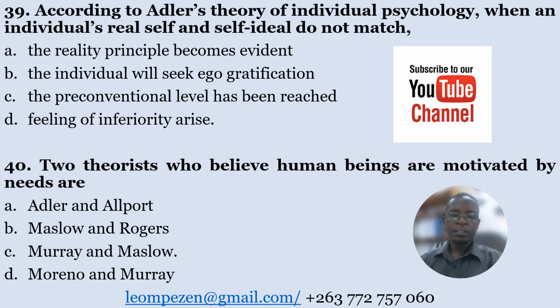According to Adler's theory, when an individual's real self and self-ideal do not match, the feeling of inferiority arises. Number 40, two theorists who believe human beings are motivated by needs are A. Adler and Rapaport, B. Maslow and Rogers, C. Murray and Maslow, D. Marino and Murray. The correct answer is Murray and Maslow.